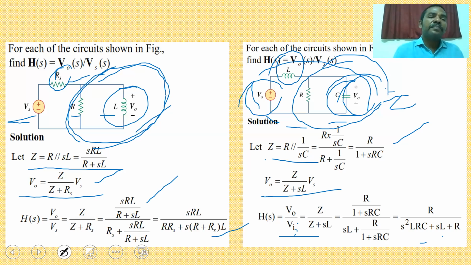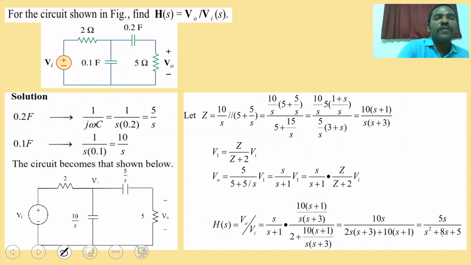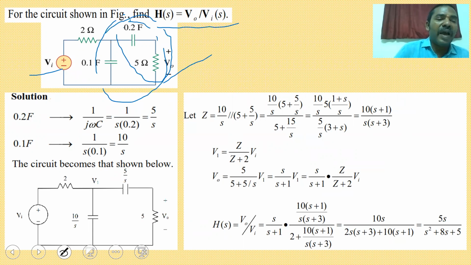Next problem. Here also you have to find H(s), Vo(s) by Vi(s). Vo is the voltage drop across the 5 ohm resistor, and Vi is the input voltage. Here the capacitance and resistance are connected in series, and this is connected in parallel with the 1 farad capacitor.